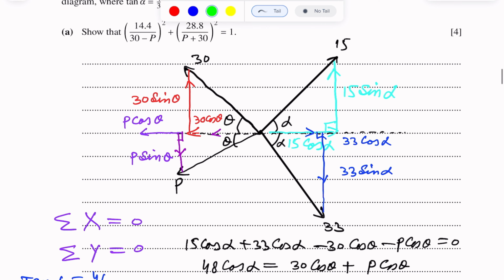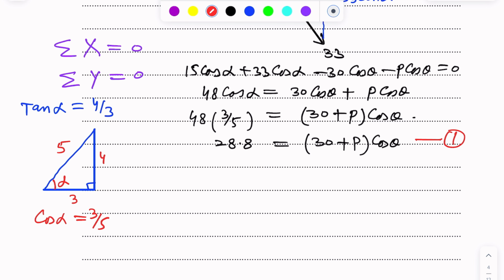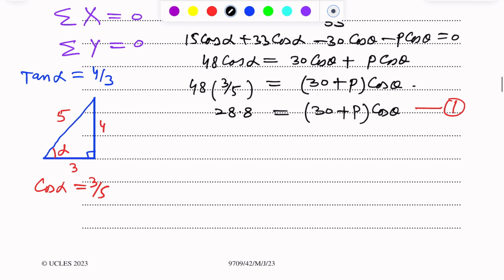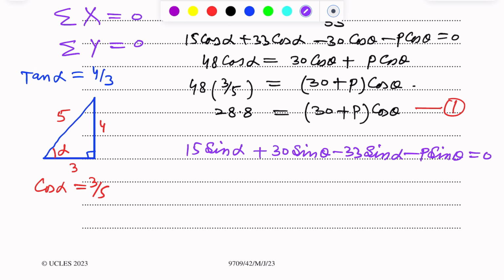So finding the sum of vertical forces, we get 15 sin alpha plus 30 sin theta minus 33 sin alpha minus p sin theta is equal to 0.